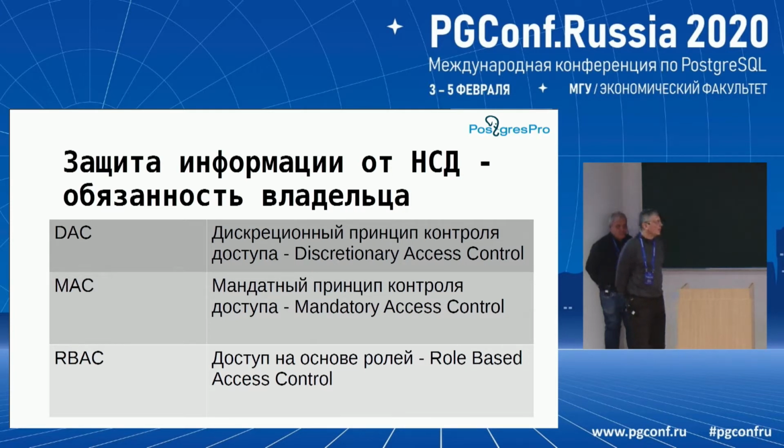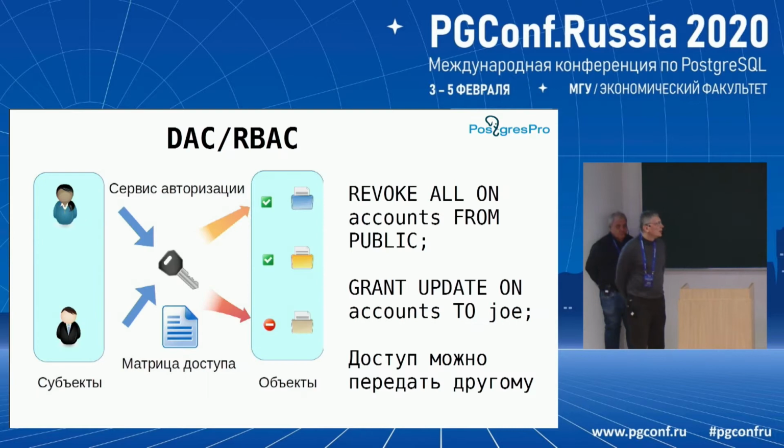I'm speaking about the access in terms of roles. This is discretionary, mandate, and role access control methods. The most popular method is discretionary access control method. It is based on access matrix.